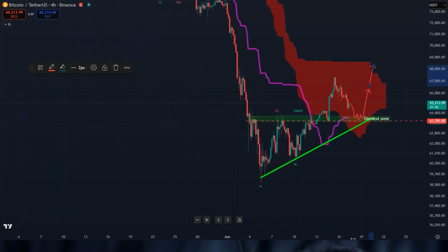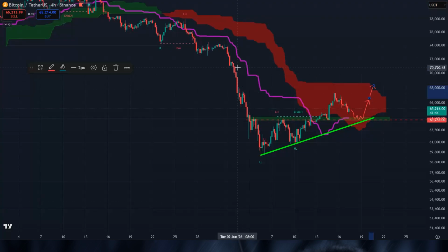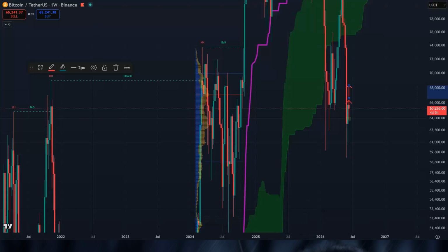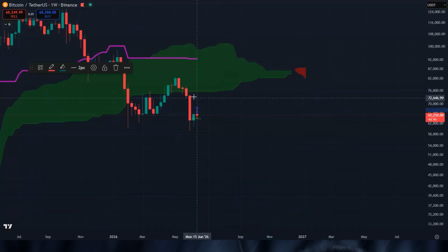Okay, for the upside section, we expect moving towards 70k, 68k or 73k. Okay, this zone, which is the bottom edge of the Kumo cloud as well.